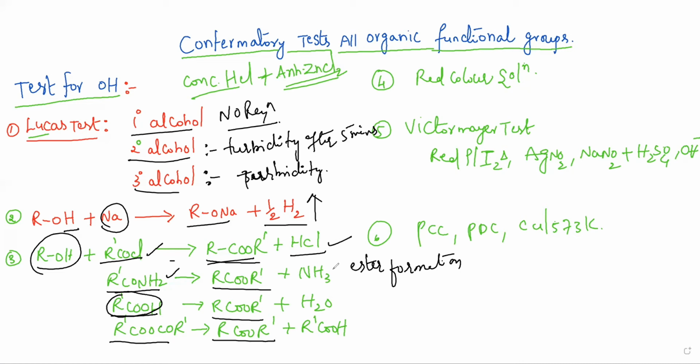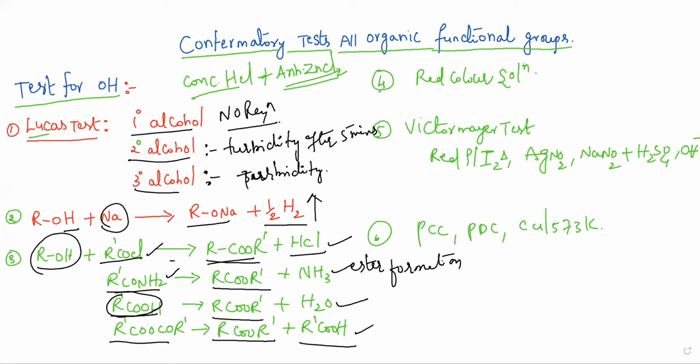With amide and alcohol, we get NH3. In the case of acid, this is the normal esterification process. And with RCOOCOR, when it reacts with alcohol, we get ester plus acid. So this is the third confirmatory test for alcohol.